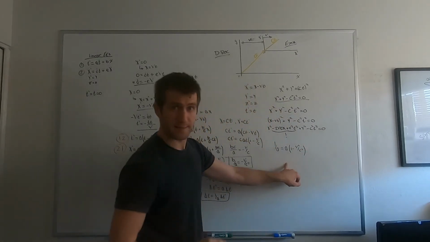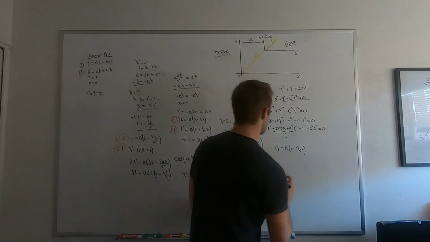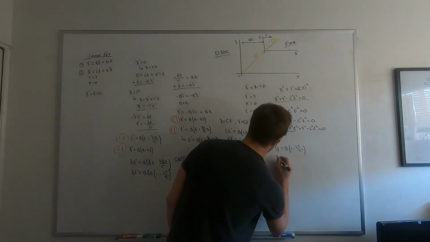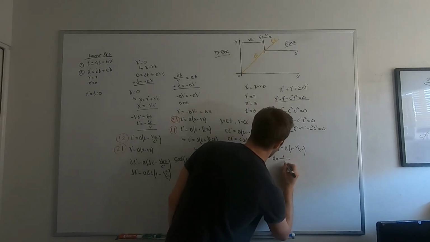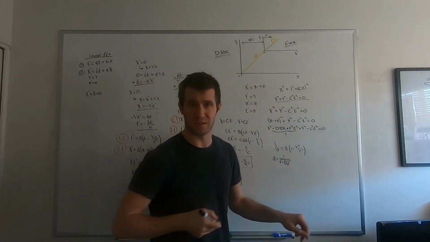Now we can solve for a. Finally get our unknown variable solved. So we're going to move this over to the other side, and we're going to have a is equal to 1 over the square root of 1 minus v squared over c squared. And this right here shows up everywhere in special relativity.